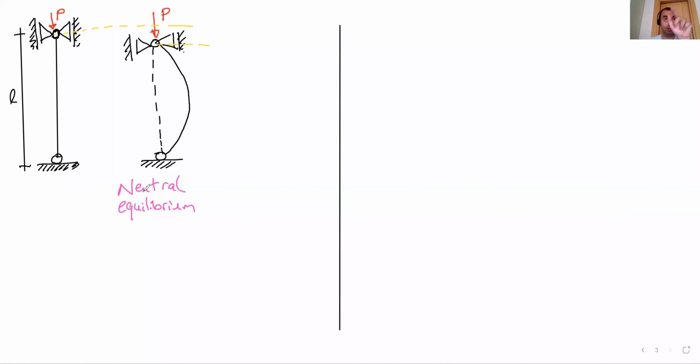We can change its location, but it's again in the equilibrium condition. But if we increase the P load, at the end of the day, this member fails under this compression load.